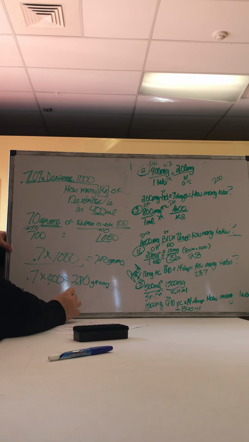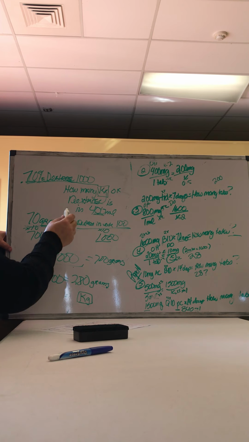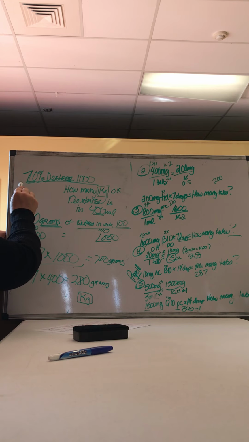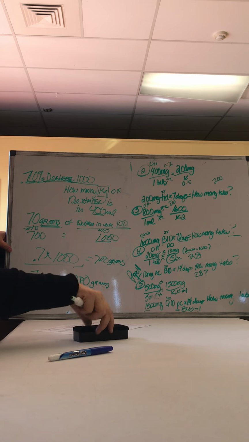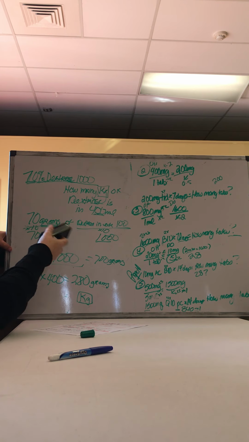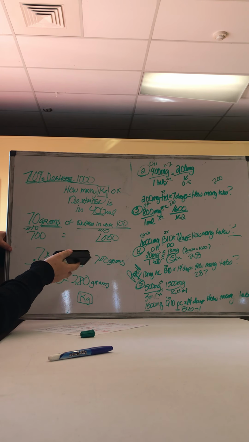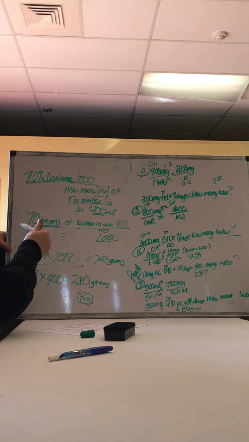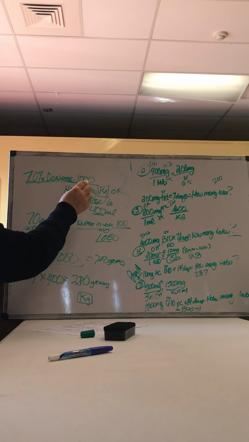But they asked for kilograms. Right? They want how many kilograms? We done figured out the problem. It was not bad. They're just telling you, you got 70% of dextrose in 1,000. We already know that's 700 grams, because 70% is in 1,000.